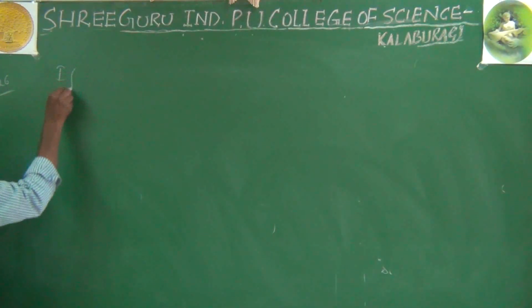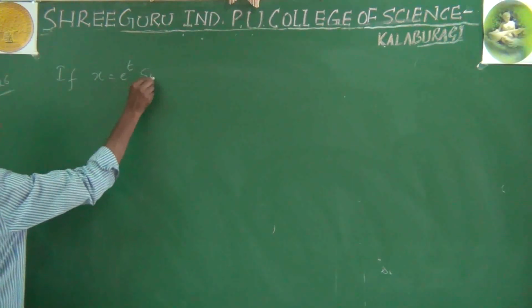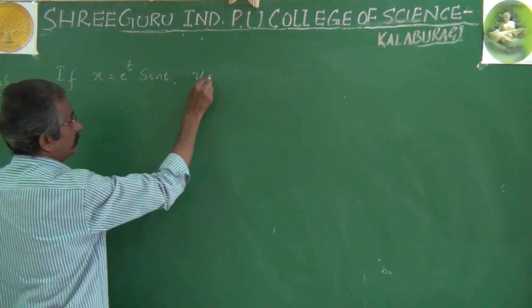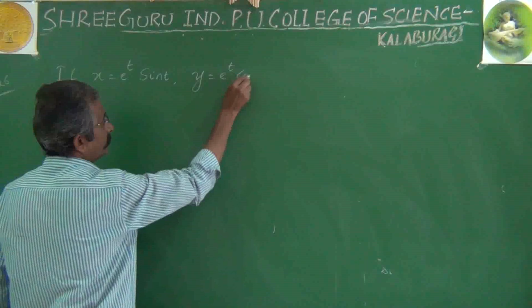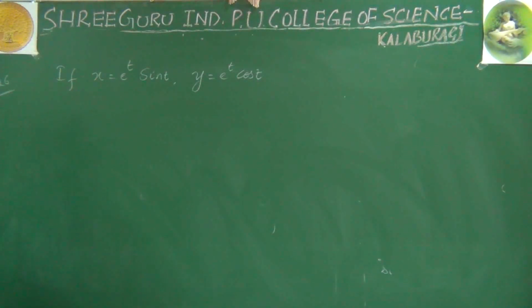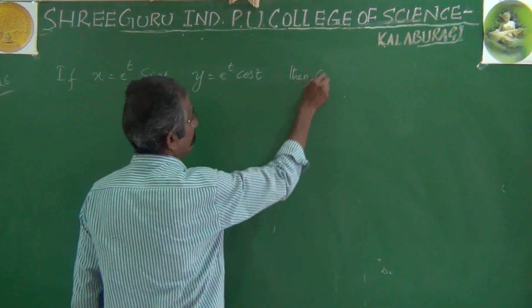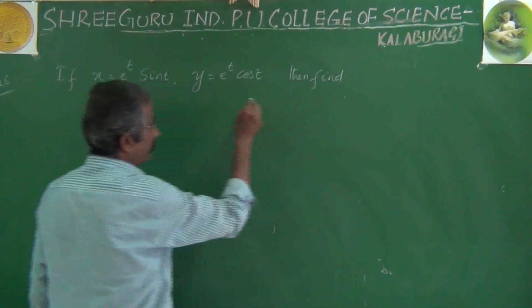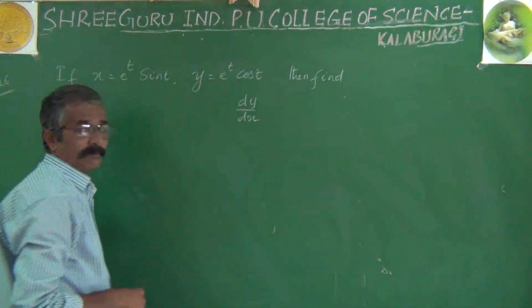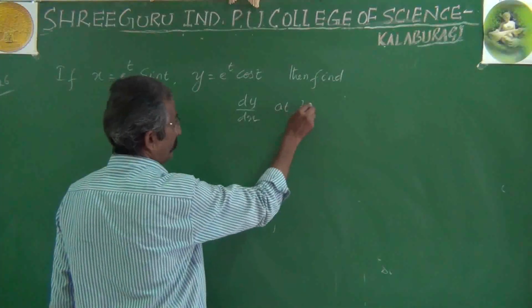If x equals e raised to t into sin t, y equals e raised to t into cos t, then find dy by dx at t equals pi by 4.